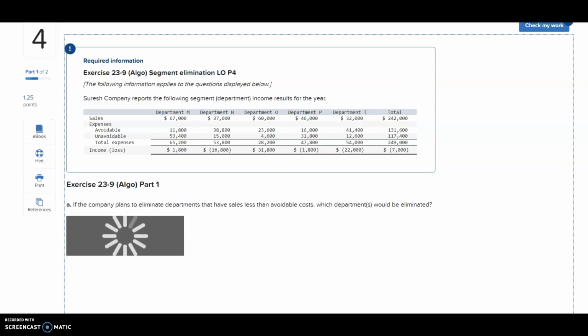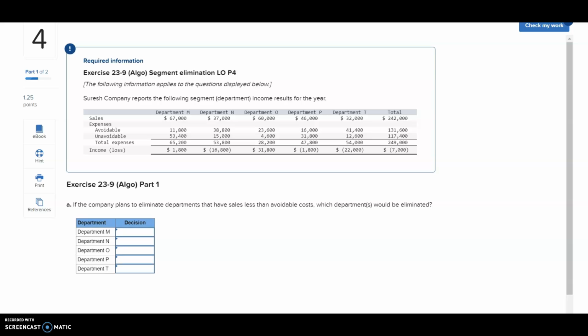The segment elimination. Okay, so this is on page 371, right? And so you'll see that the rule is that we want to eliminate the departments that have sales that are less than the avoidable costs, right? So that's pretty easy to just compare and then decide which ones you will keep and which ones you will eliminate.